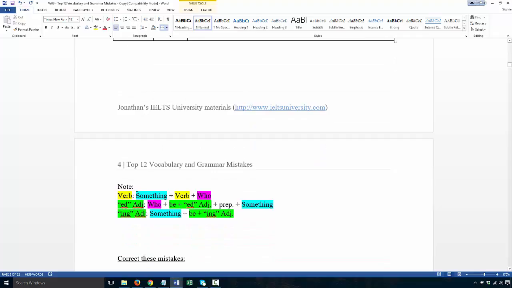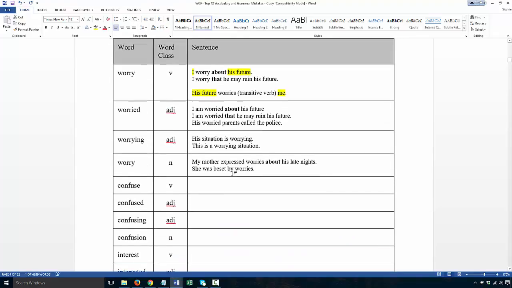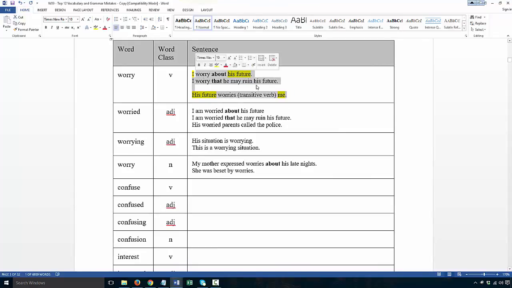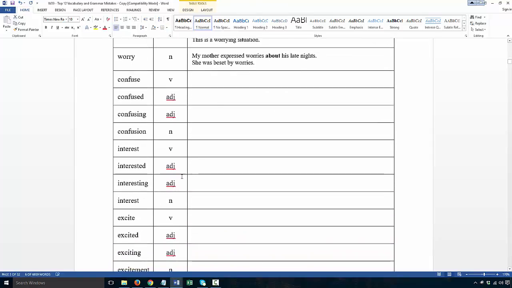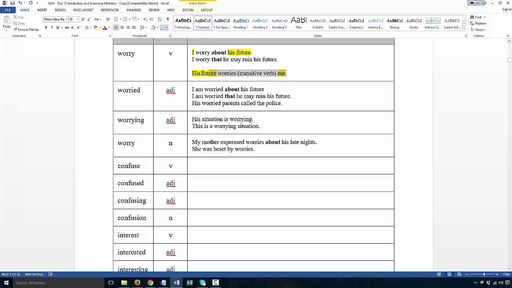Something, verb, somebody. It just so happens that worry has two ways of using it. This way is different from this way, but for confuse, interest, and excite, as you will see, it is this way. Something worries, confuses, interests, excites someone. So let's go to confuse.